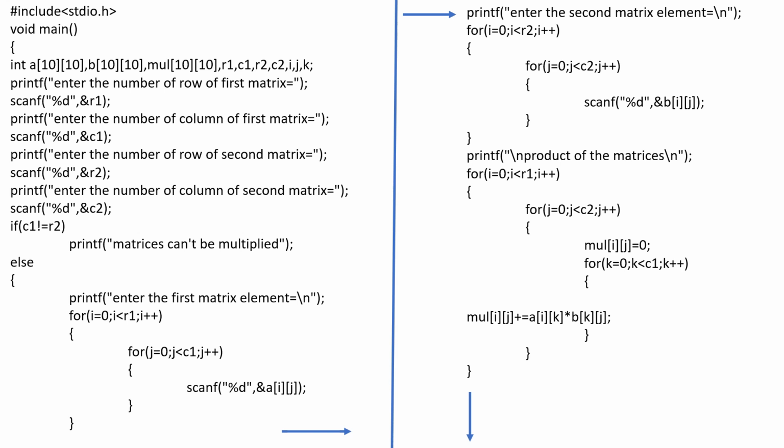Before starting the k loop, we are initializing each element of the resultant matrix with 0. In the k loop, we are performing addition and multiplication to find the element of the resultant matrix.